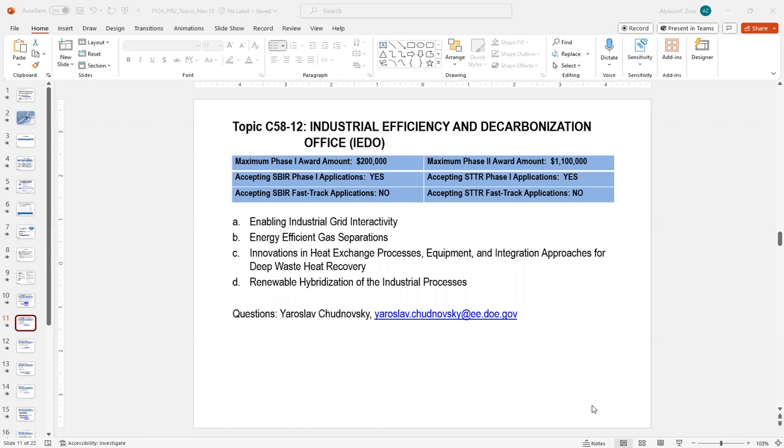If it is significantly improving the permeance and selectivity, I guess. I mean, what we're really looking for though is separations. So there needs to be some value to the things that you're separating.